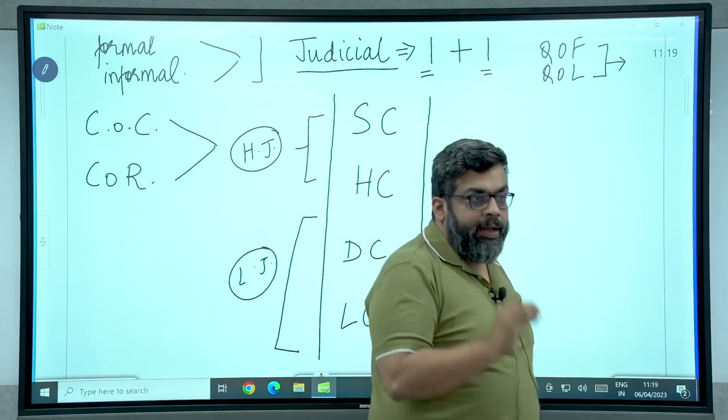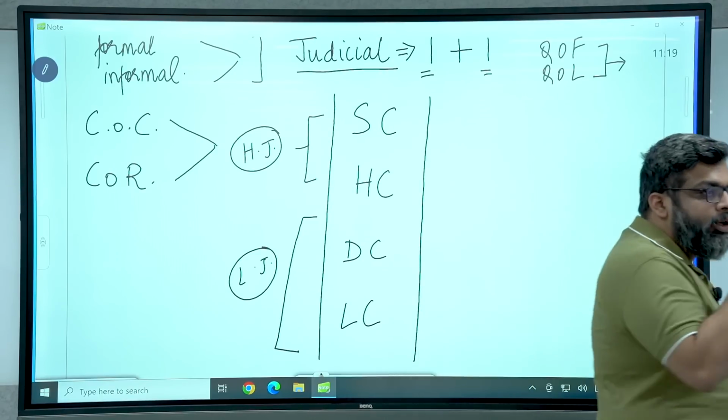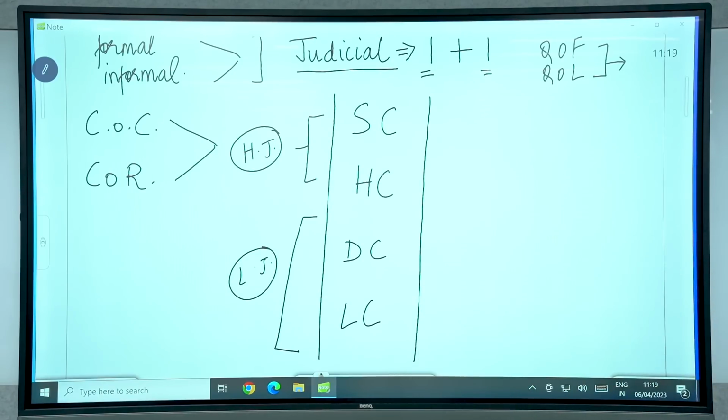A court of record simply means two things. One, whatever has been presented before the court is a matter of record. It is on record. Like how whatever is being said on the floor of the parliament is on record. It has a certain value.